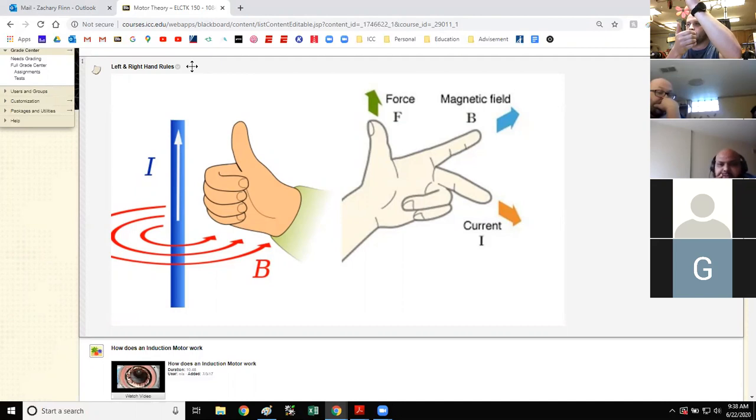Real quick, if you can imagine alternating current, that goes back and forth, right? How many hertz do you get out of your outlet when you plug something in? 60. 60 times a second. This will come into play later: this magnetic field is switching directions 60 times a second. It's going like this, and then like that, 60 times a second.